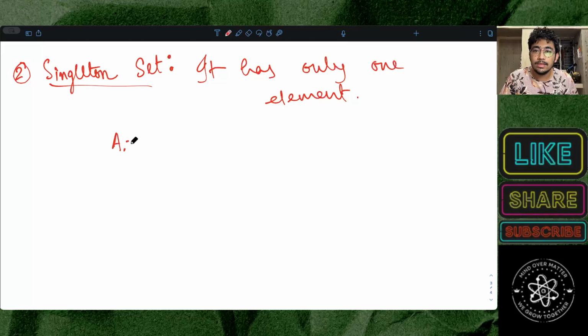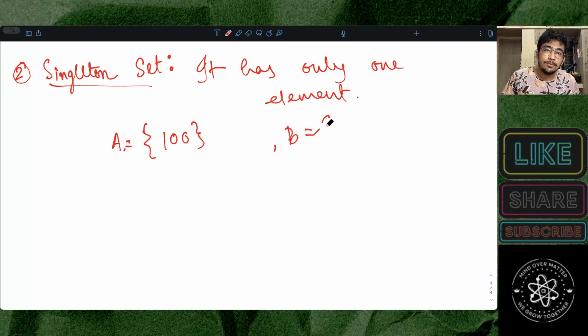Suppose A is {100}. This is a singleton set because it has only one element. We can also give examples in the alphabet. Suppose B is {Z}. This is not the set of all integers Z, this is the English alphabet Z. So this is also a singleton set.